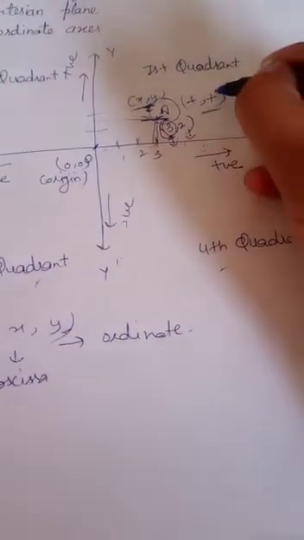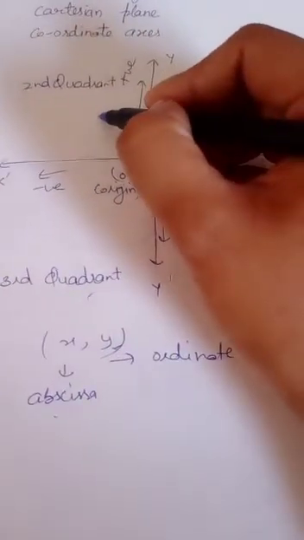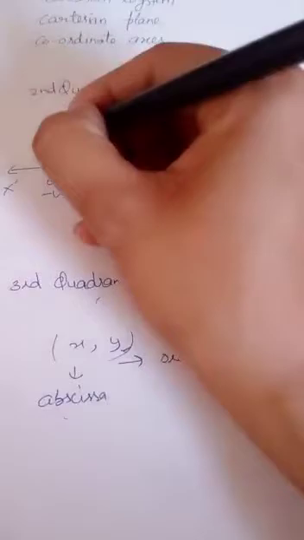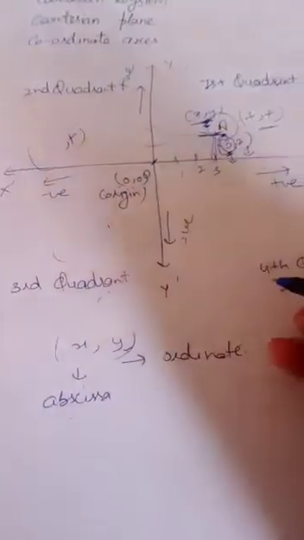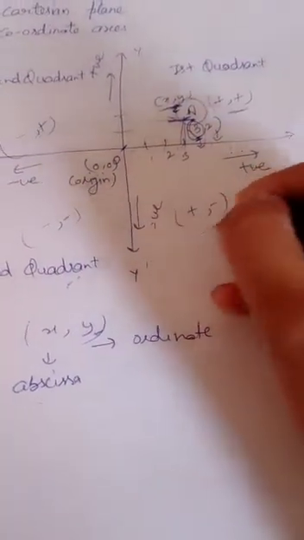In first quadrant both x and y are positive. In second quadrant x is negative and y is positive. In third quadrant x and y both are negative, and in fourth quadrant x is positive and y is negative.